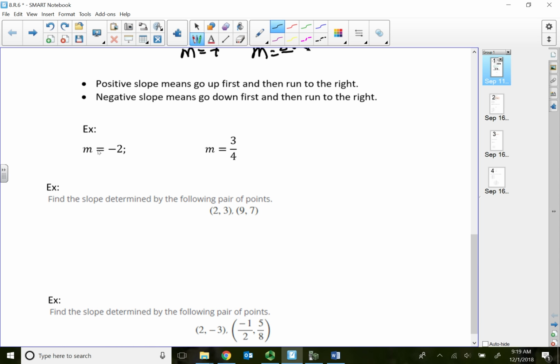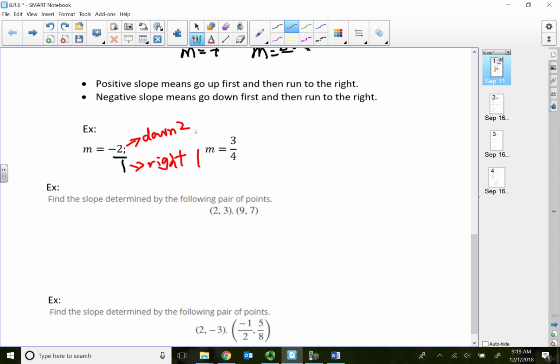For example, if I have a slope of -2, that's -2 over 1. Being a negative slope, the top number means we go down 2, but the bottom number always means go to the right 1. Go down 2 and to the right 1 to where? To the next point on the line.